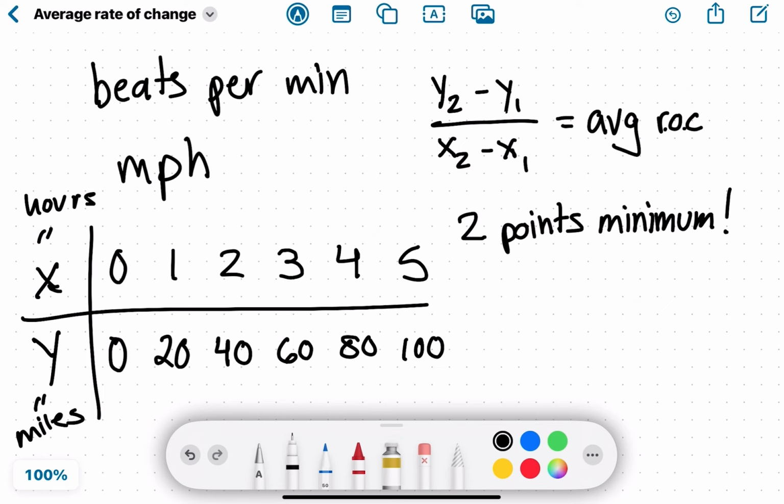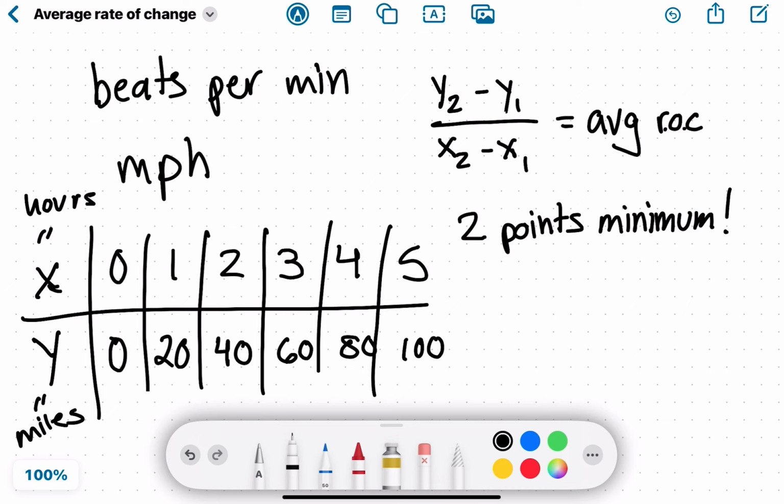Okay, so let's say we have a set of values just like this. Let's say you sat there and you measured the amount of distance your car drove every hour. Like you're driving and at hour 1, you took a look and recorded how far you had driven.